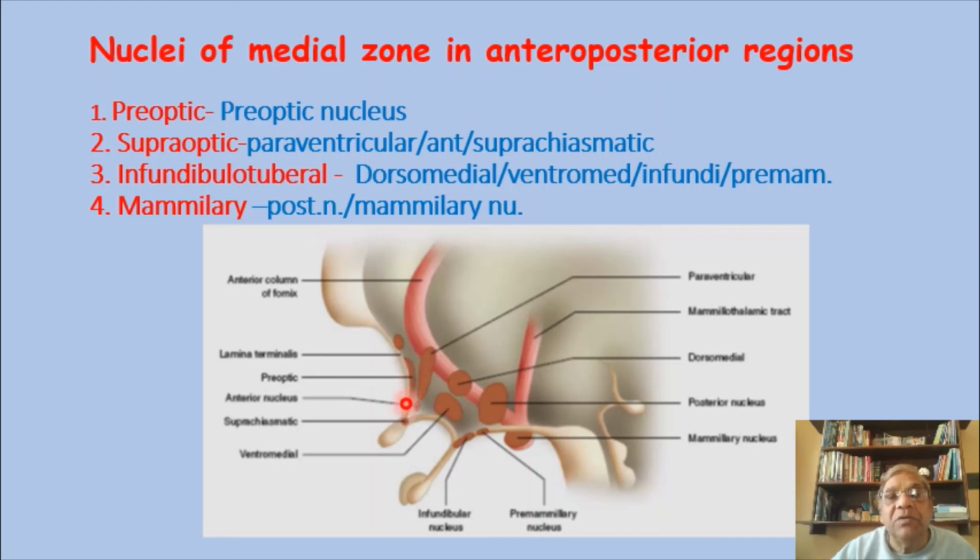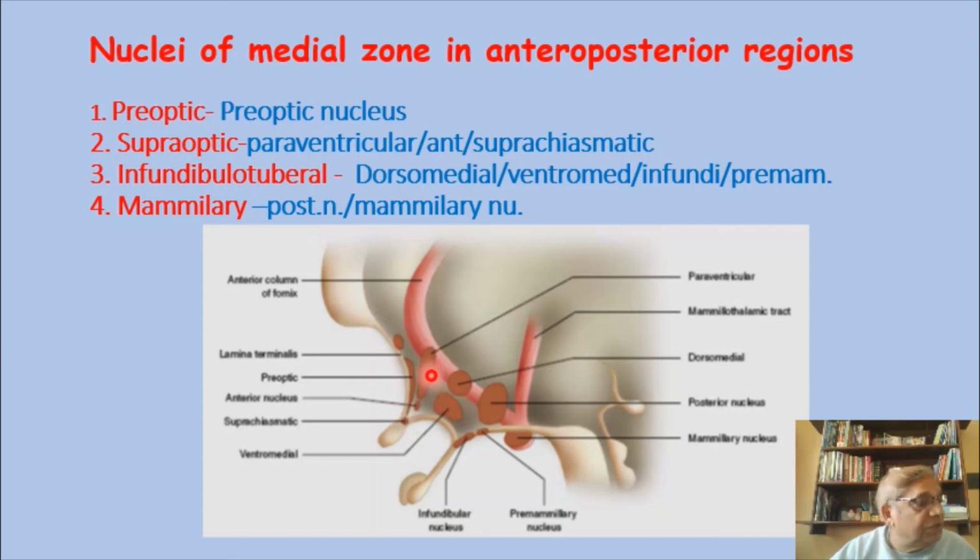Very quickly, because the next video is on the function also, but I am here telling you the specific function of individual nuclei. Suprachiasmatic nucleus regulates the circadian rhythm. Day and night cycle rhythm is regulated by the suprachiasmatic nucleus.